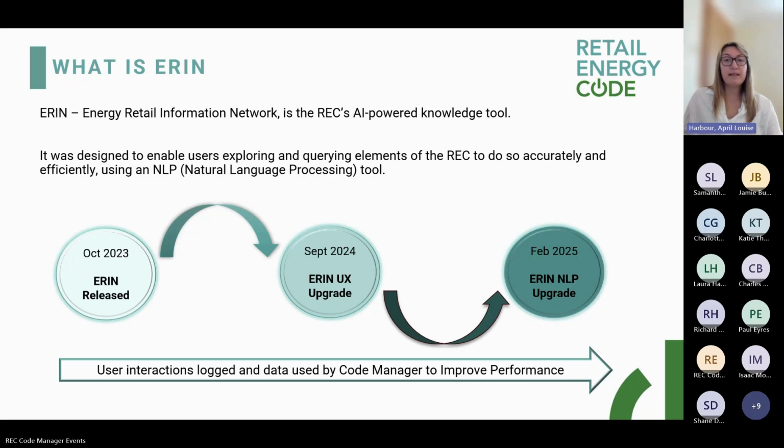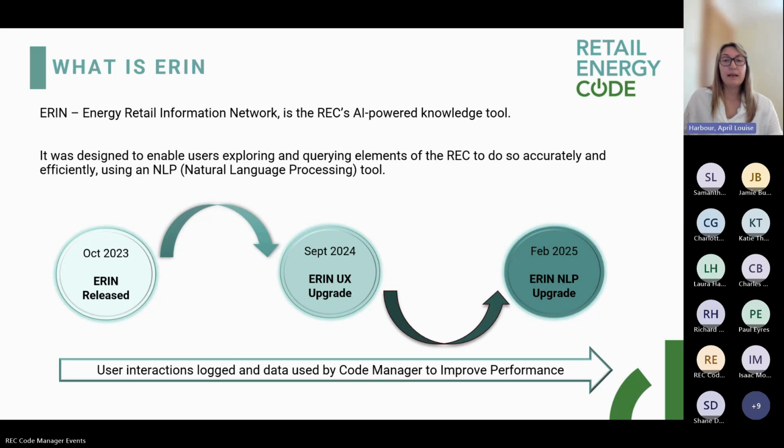We first implemented ERIN back in October 2023, and at the time it was contained within the REC Digital Navigator platform and was working on ChatGPT version 3.5. Then we skip ahead a year and a bit into September 24, where several UX changes were implemented, and ERIN was made available on all REC portal pages and through the homepage as you now see it.